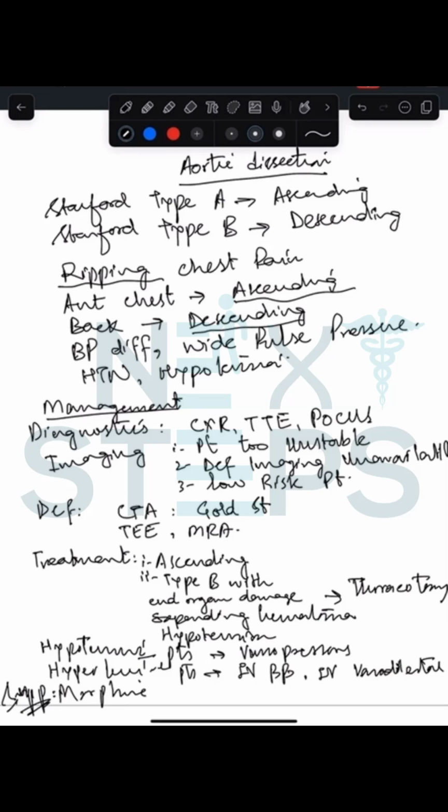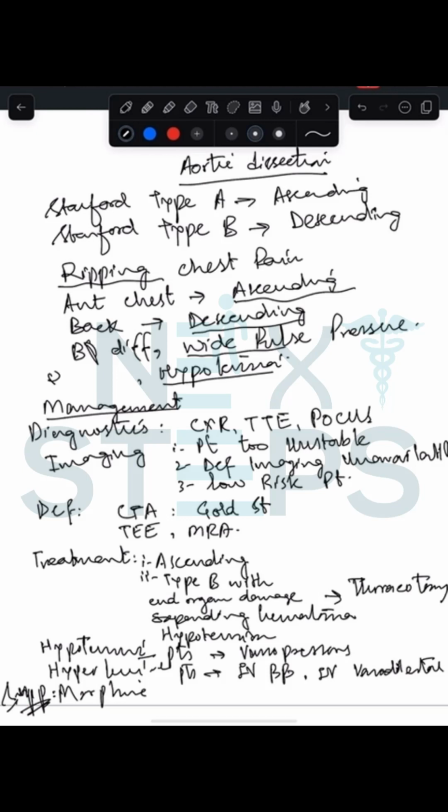Some other key features that would help you in diagnosing aortic dissection at first hand would be a significant difference in the BP, like 20 millimeters of mercury in the systolic and 10 millimeters of mercury in the diastolic. There would be wide pulse pressure, and there would be hypotension or hypertension.